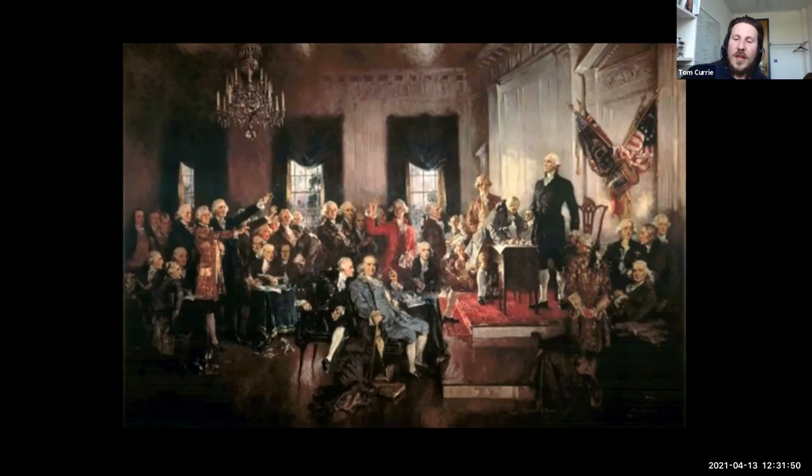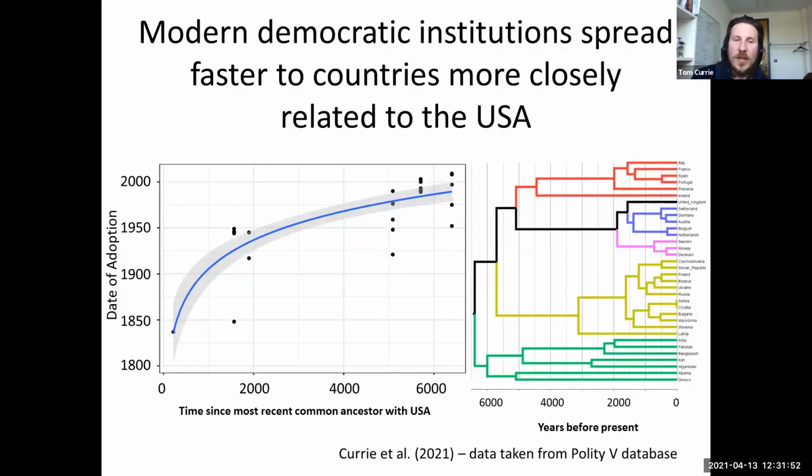But in the particular data set that we're looking at, which is the Polity 5 database, it provides a measure of the degree of democratic institutions that different societies have had over time. And we can trace when different countries changed their political institutions.